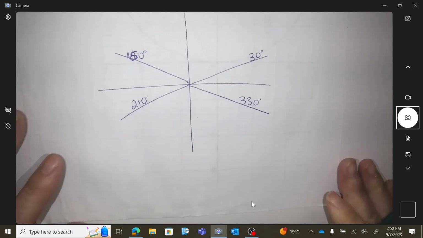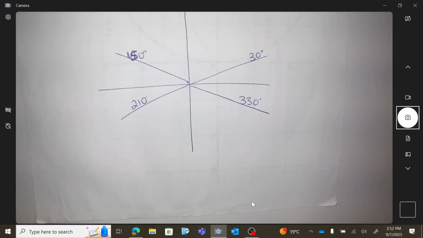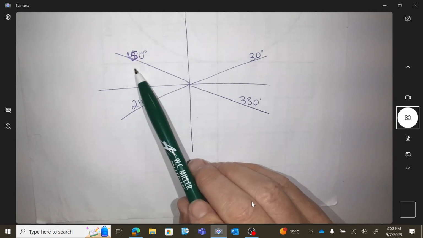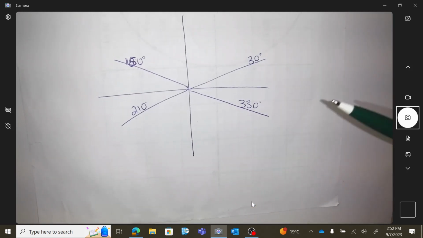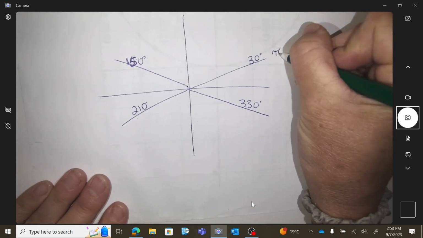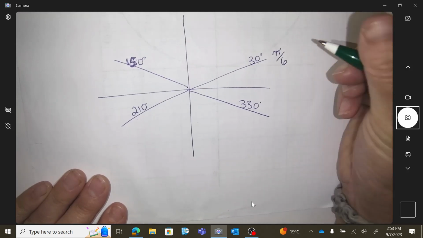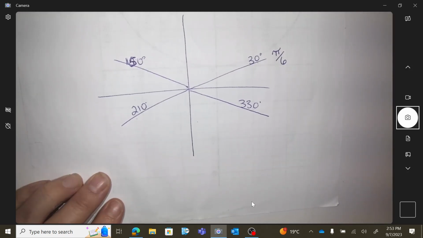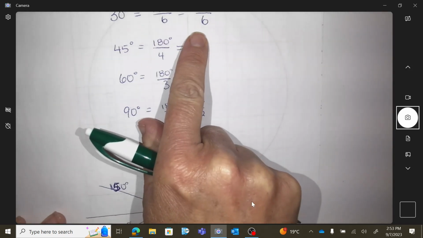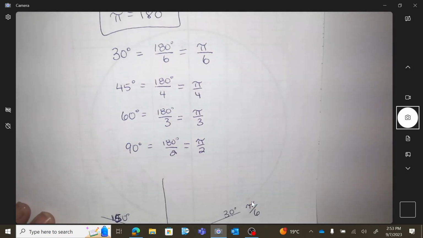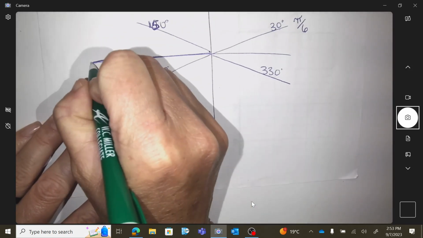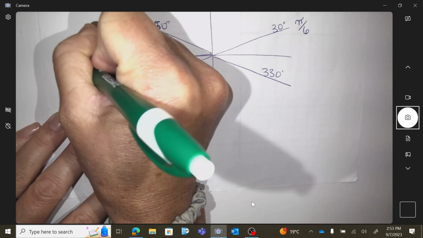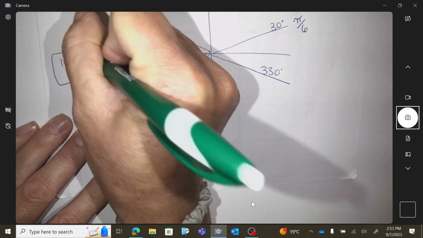So there's 4 spots on your unit circle that are 30-degree referenced, right? This is 30 degrees lower than 180. This is 30 degrees more. So this is called pi over 6. 30 degrees, that's what we determined up here. You're always going to refer to this line as the 180 line, which is pi.